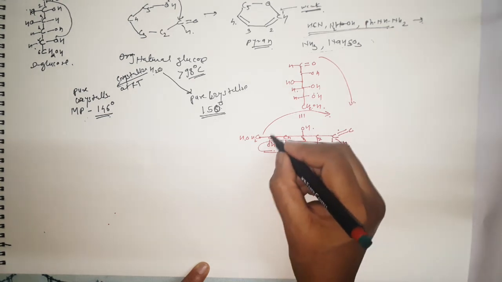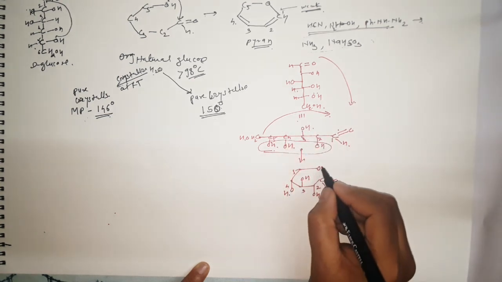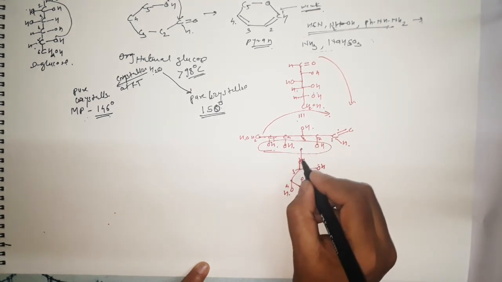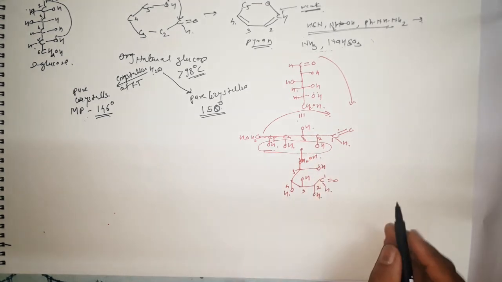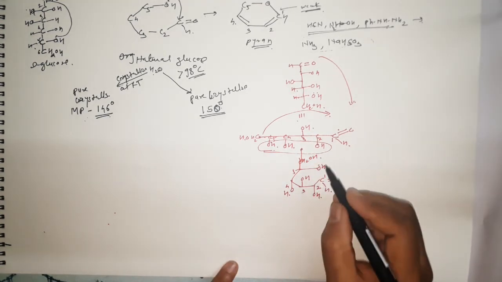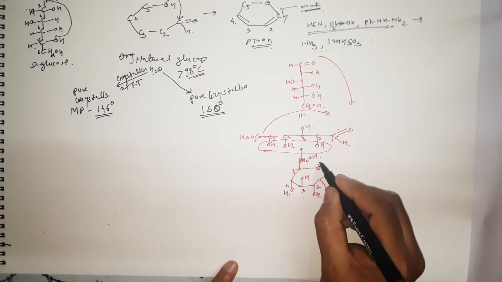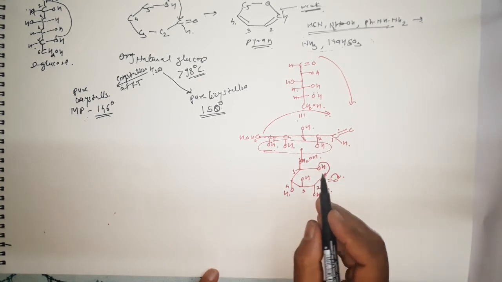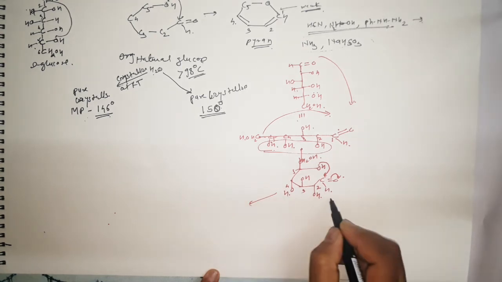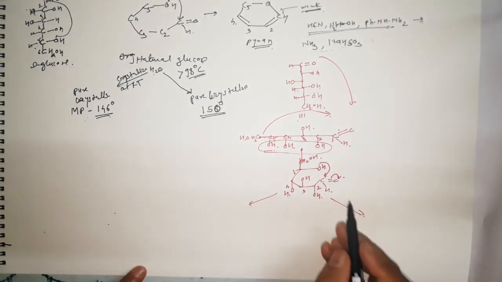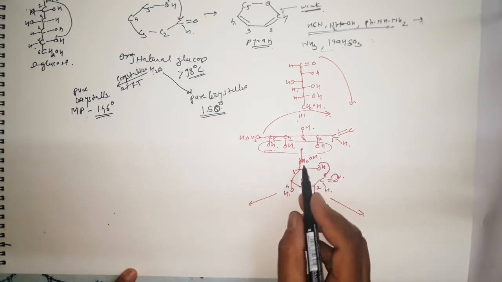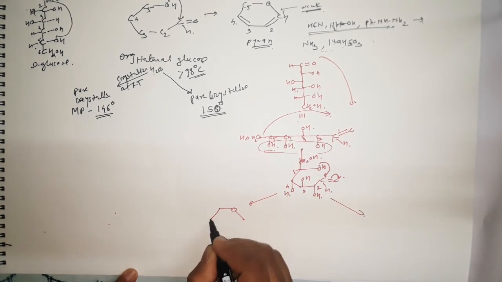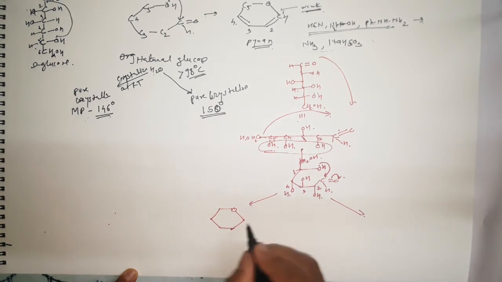Now, if you rotate this C5 OH, it will be above the plane with the CH2OH, and interaction takes place here. So this will give you two isomeric forms.